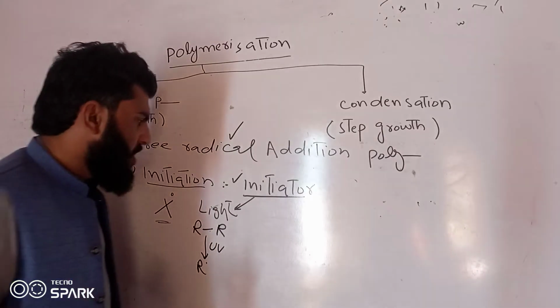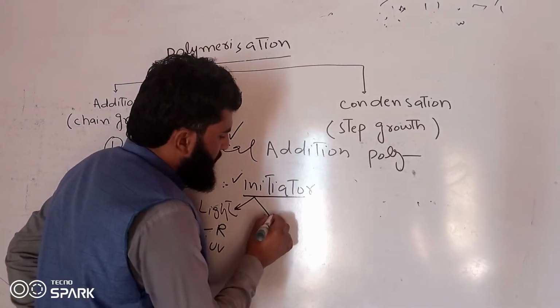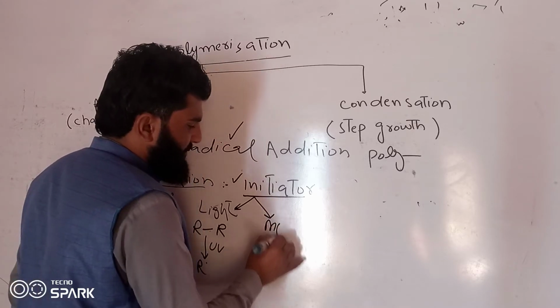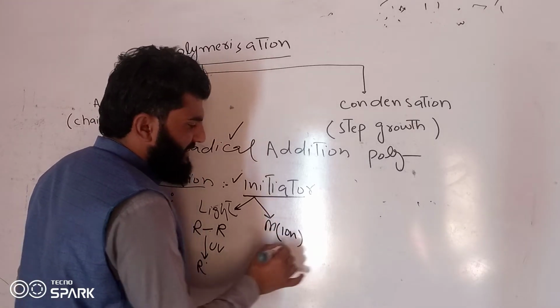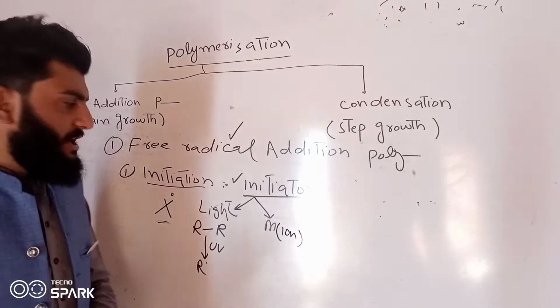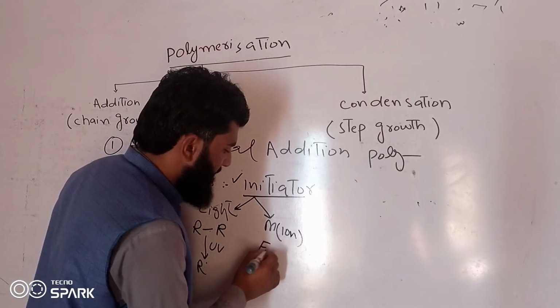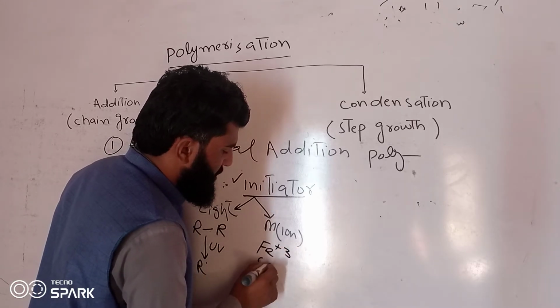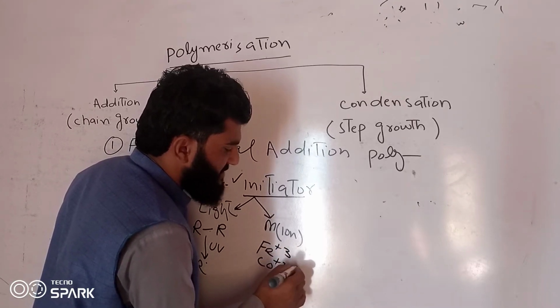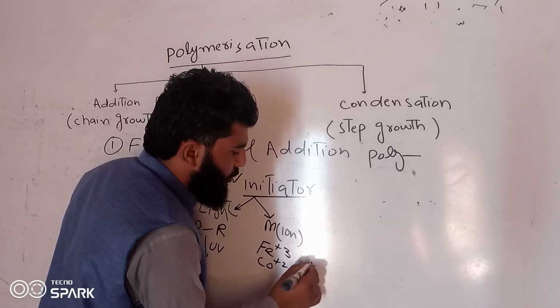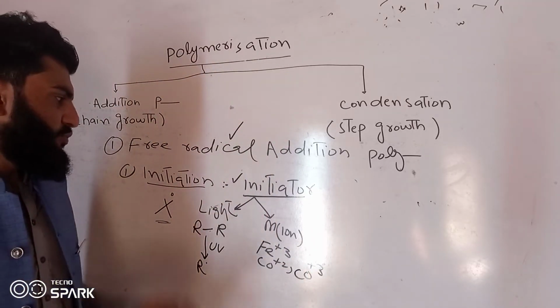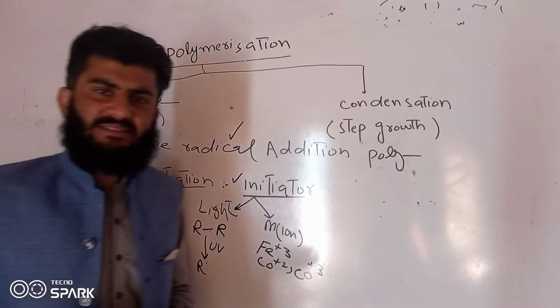Sometimes we need metal ions, for example Fe3+, Co2+ or Co3+, etc. We may also need, for example, peroxides.